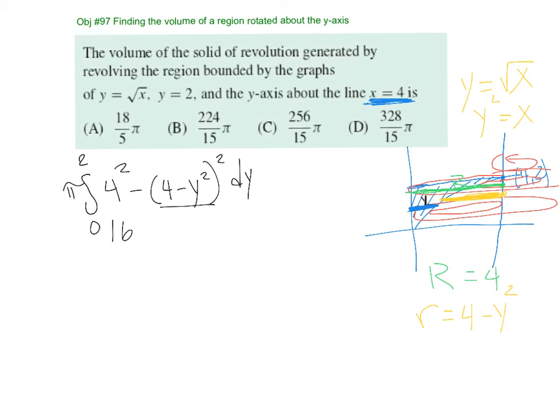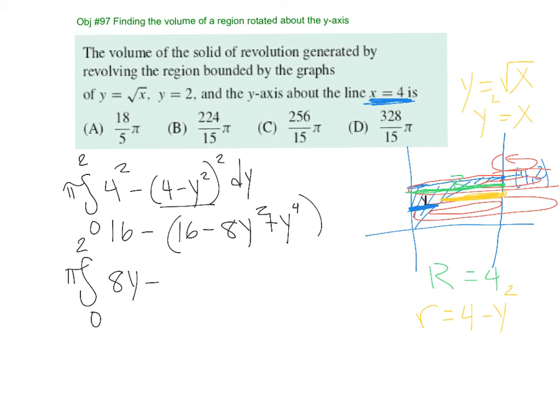So I get 16 minus 8y squared plus y to the 4th. So when I simplify this, the 16s cancel out. I get 8y minus y to the 4th.